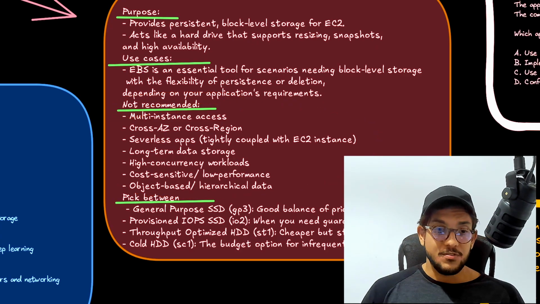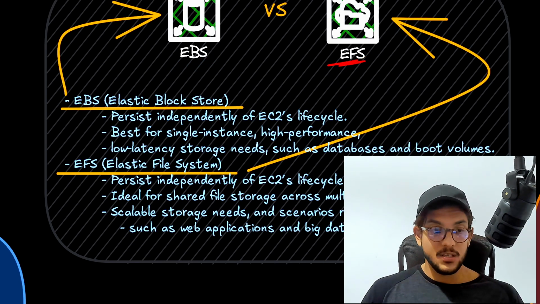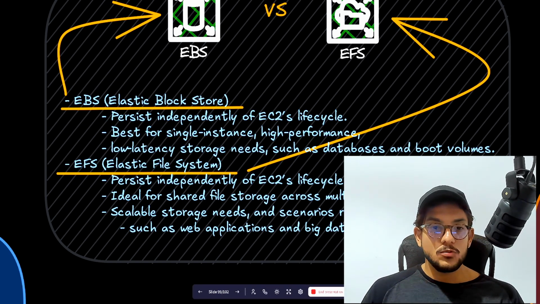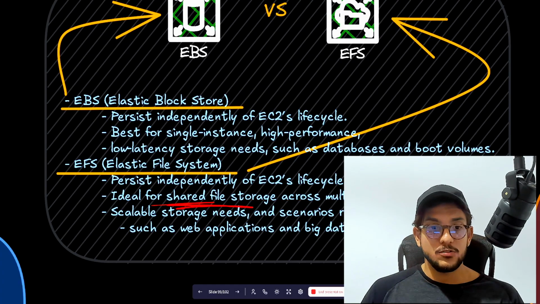Let's talk now about the difference between EBS and EFS. The key difference is simple. EBS is block storage for one instance. EFS is file storage for many. EBS connects to a single EC2 instance, with limited exceptions of course, and gives you the performance of a local disk, perfect for databases and boot volumes. EFS lets multiple instances access the same file simultaneously.